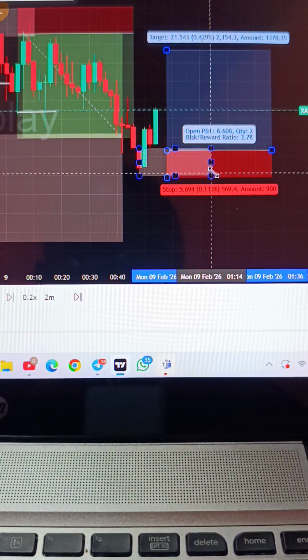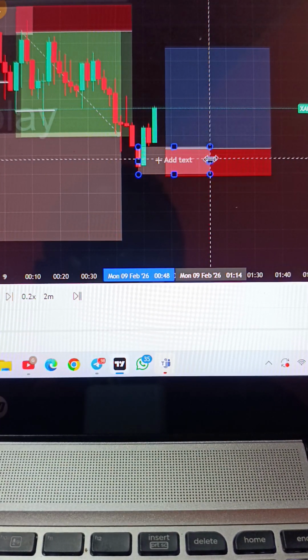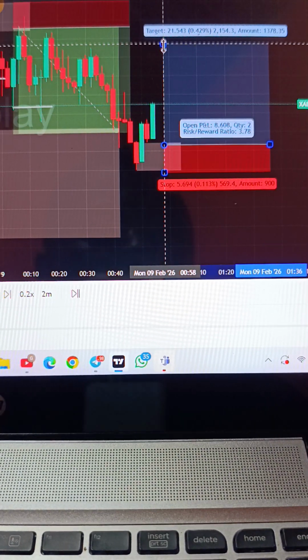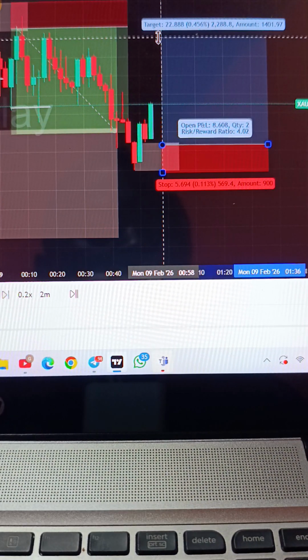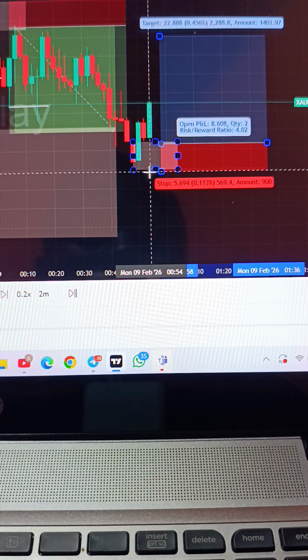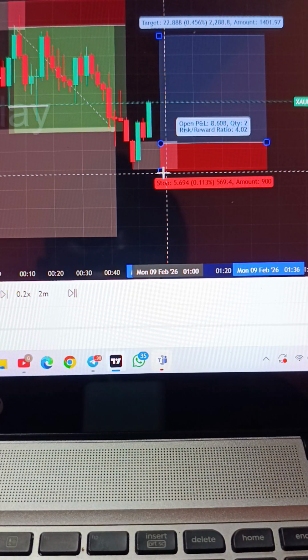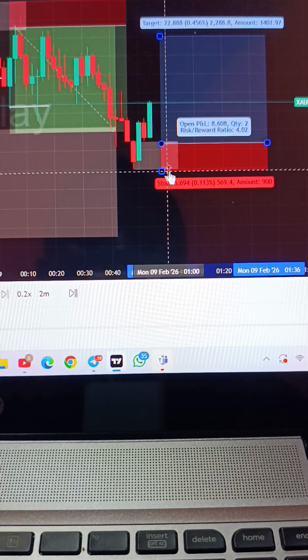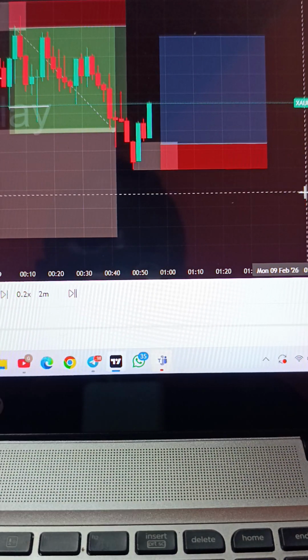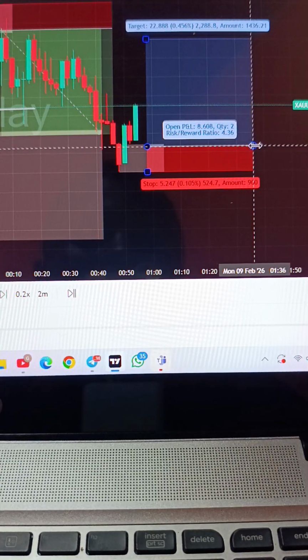And don't forget that our stop loss is precisely set, okay, at the low of the other block, because when price goes beyond it, it has invalidated our plan.